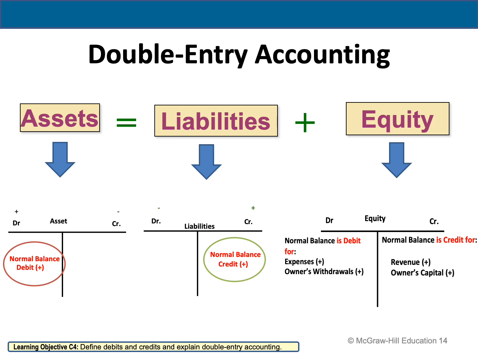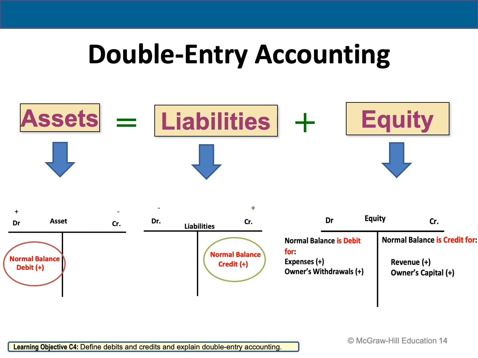Revenue, the normal balance is credit. It means that if the revenue is increasing, I have to record it on the credit side. If the capital is increasing, it means I have to record it on the credit side. So the normal balance of revenues and capital is credit.